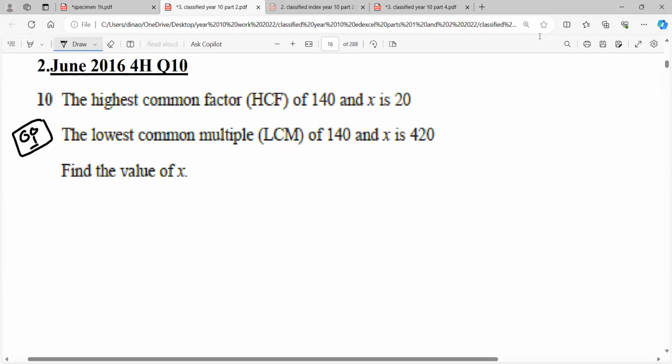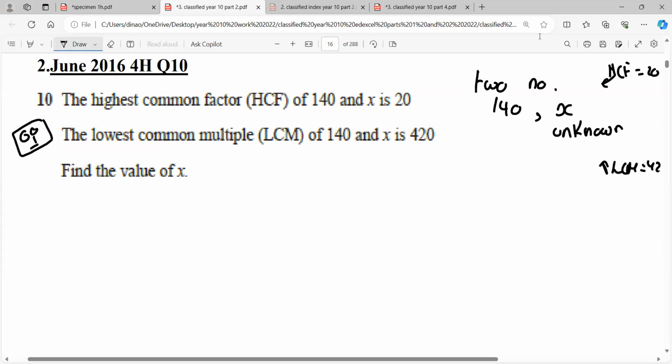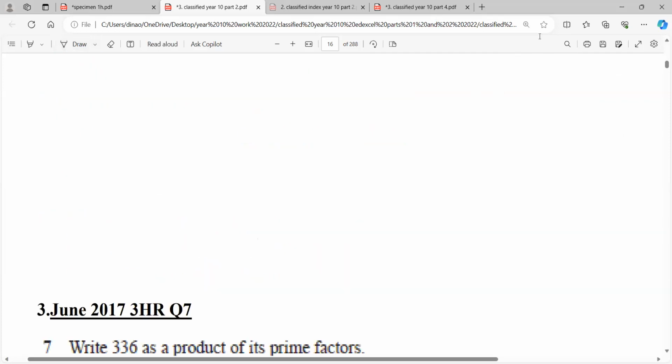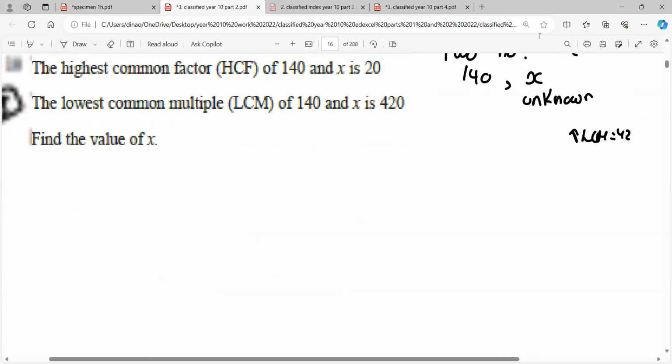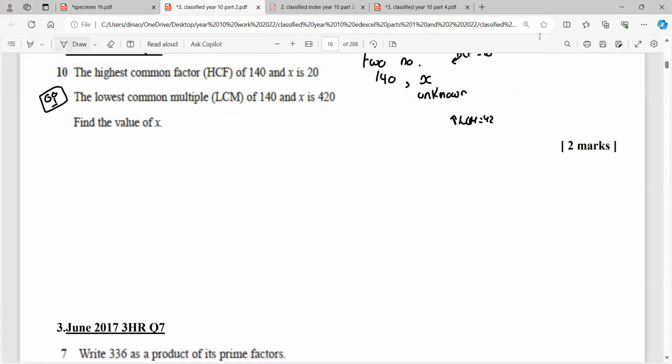What does it tell me in this question? The highest common factor of 140 and x is 20, meaning that I am given 2 numbers. One of them is 140, and the other one is unknown. I don't know it. It tells me that their HCF is 20. And it also tells me that the LCM of these 2 numbers is 420. Okay?